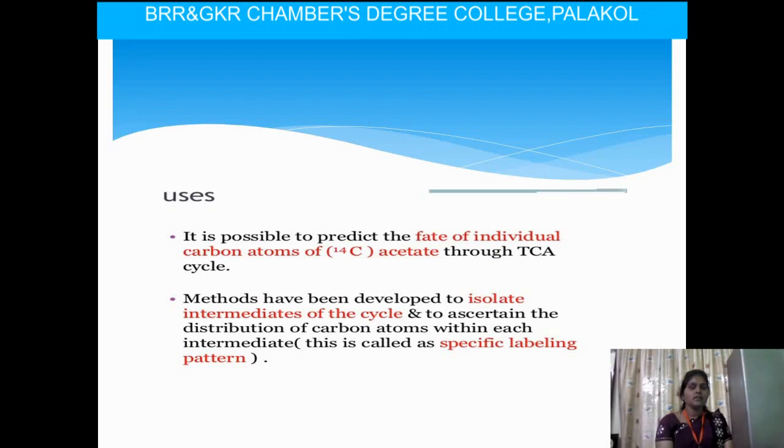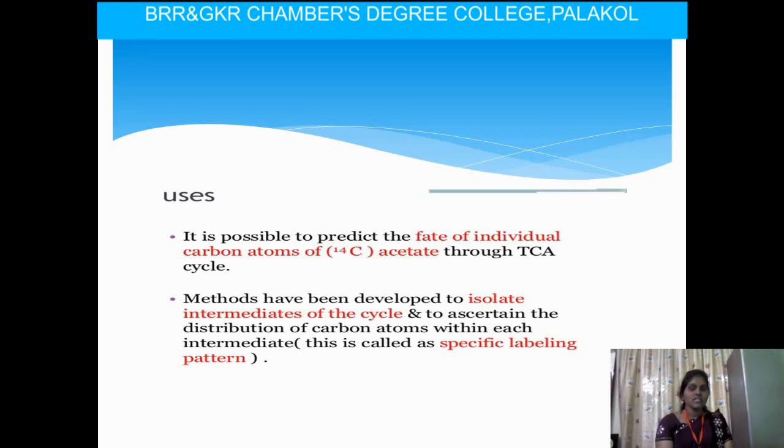So the number or the amount of the cells can be observed by using this technique, and it is also used to assess different types of steps during different types of cycles in our body.